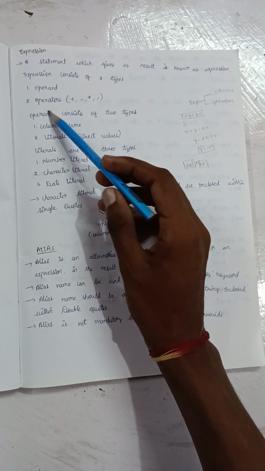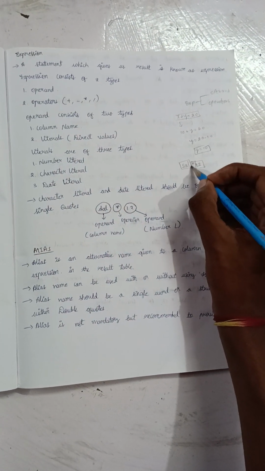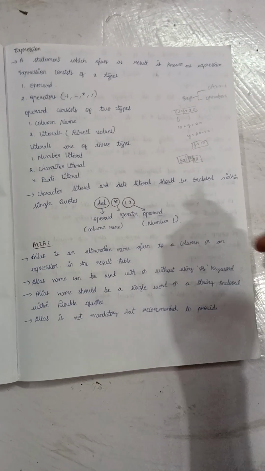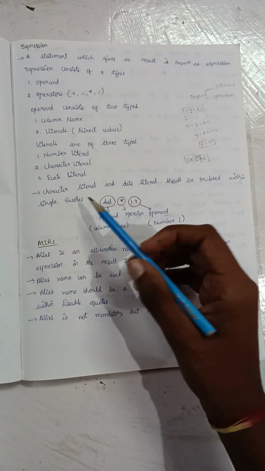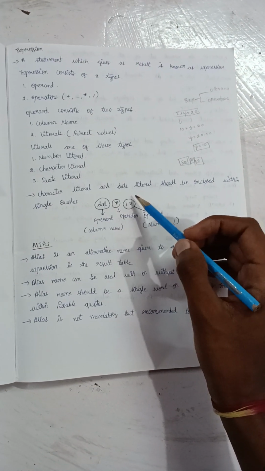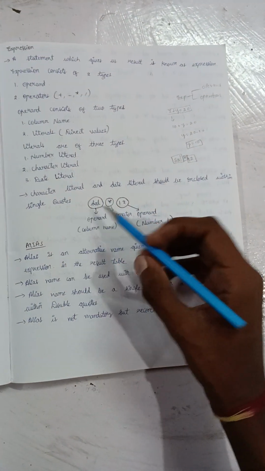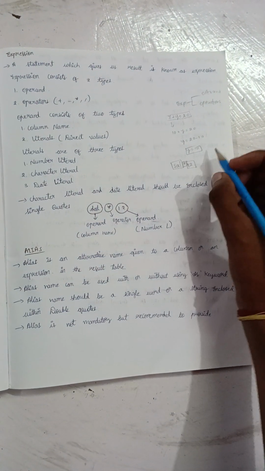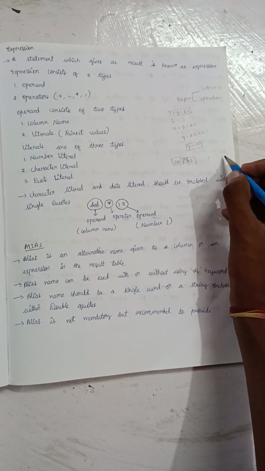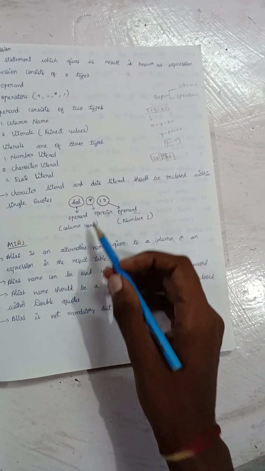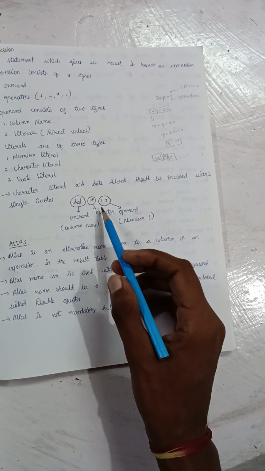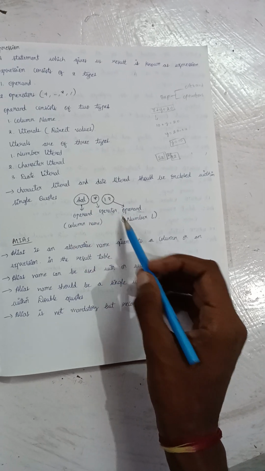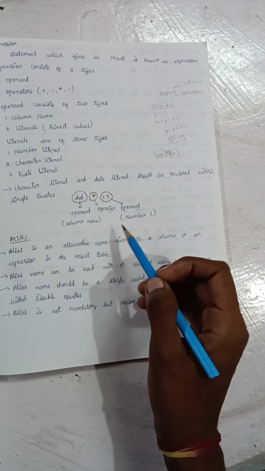The operator here is multiplication, the asterisk. Character literals and date literals should be enclosed within single quotes. In the example salary asterisk 12, we have operand, operator, operand: column name, operator, number literal.